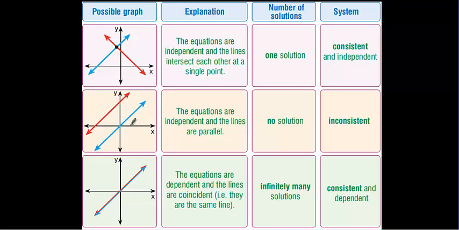And the second one is parallel lines. They may be parallel to each other, so they will never intersect, so there is no solution. If they intersect, there is a solution, and the intersection point is the solution of the system. If they are parallel to each other, there is no intersection, so there is no solution in the system, and it is also called an inconsistent system.